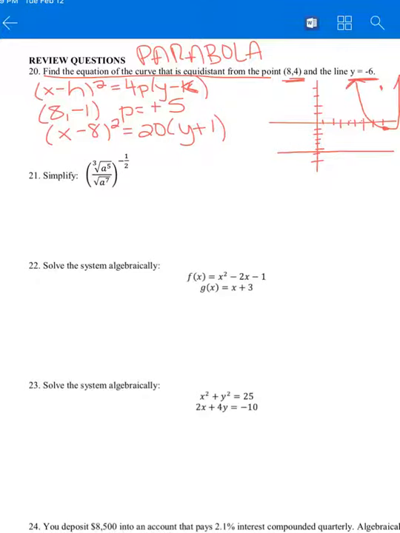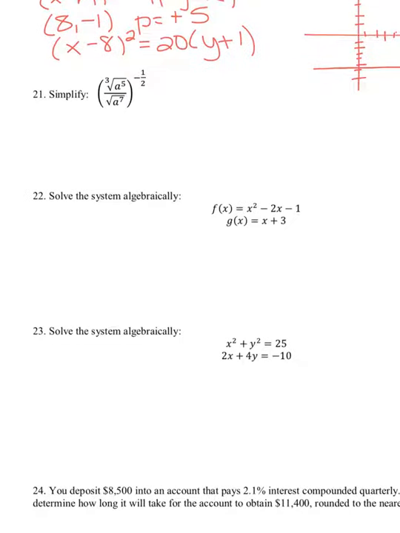For number 21, I put this on your last test, I believe. If you follow the rule, it looks a lot more confusing than it is. But try to always do it this way. The cubed root of a to the 5th is a to the 5/3 power.